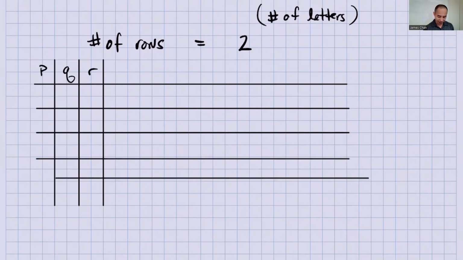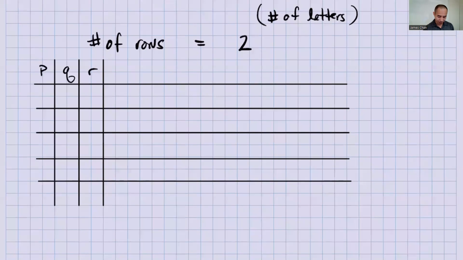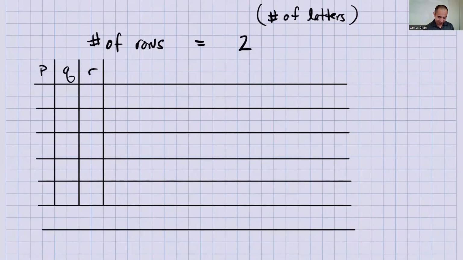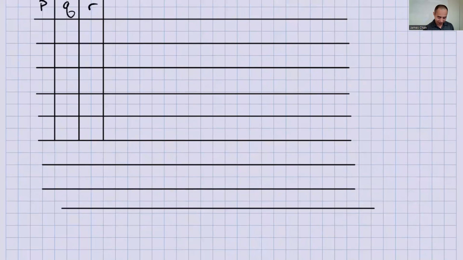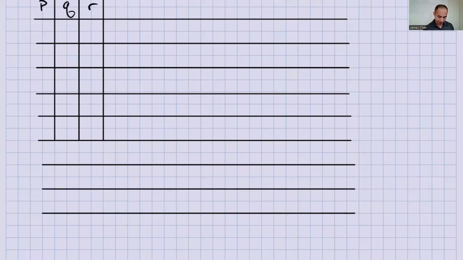So that's 1, 2, 3, 4, 5, 6, 7, and 8, right? Again, I'll go half.